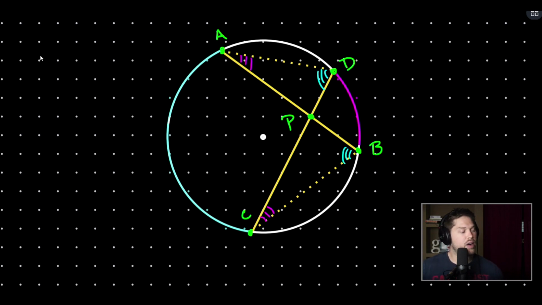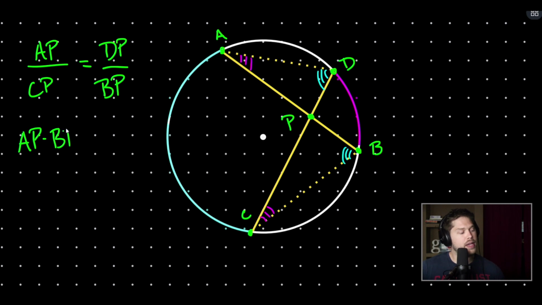This tells us that our length AP is to CP as DP is to BP. And then we can cross multiply to get that AP times BP is equal to CP times DP.